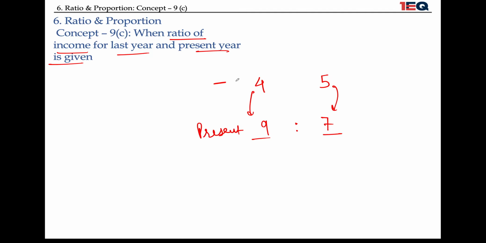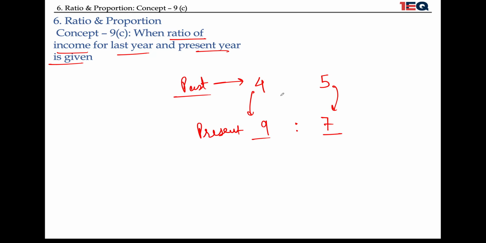Moving ahead, when the ratio of the income for the last year and the present year is given, let's assume that you were earning 4 rupees in the past and your friend was earning 5 rupees in the past. Now your income has grown by 4 is to 9 times and your friend's income has grown by 5 is to 7 times. So this new ratio of the present year and this ratio of the past year is given.